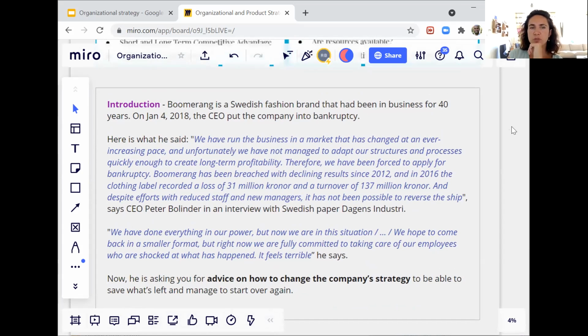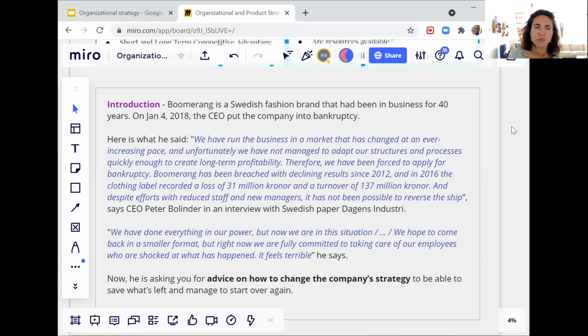Boomerang has been struggling with declining results since 2012, by the way. And in 2016, the clothing label recorded a loss of 31 million kronor and a turnover of 137 million.